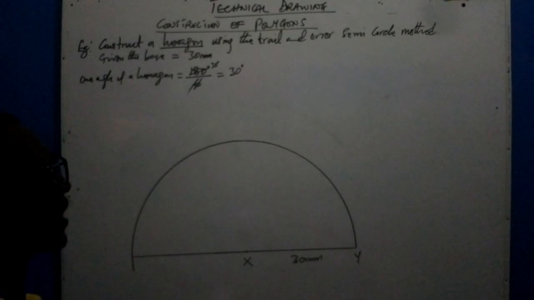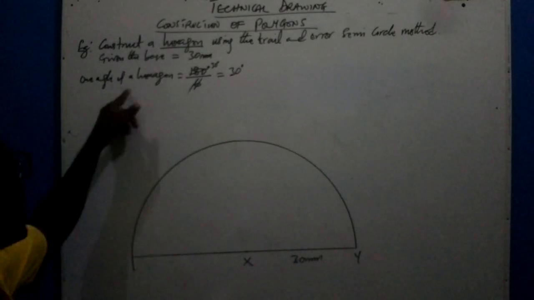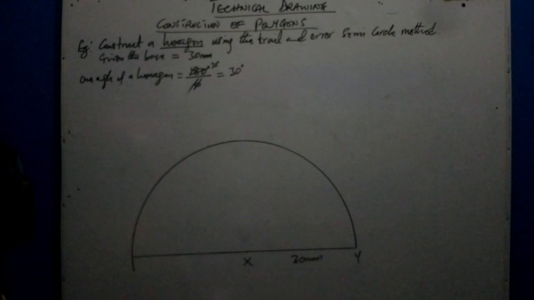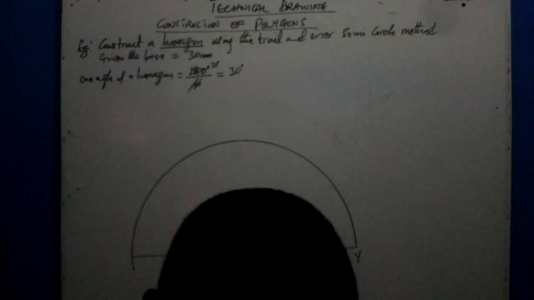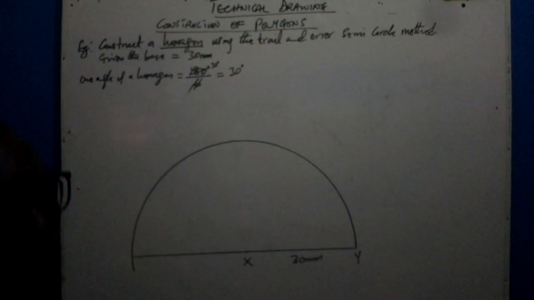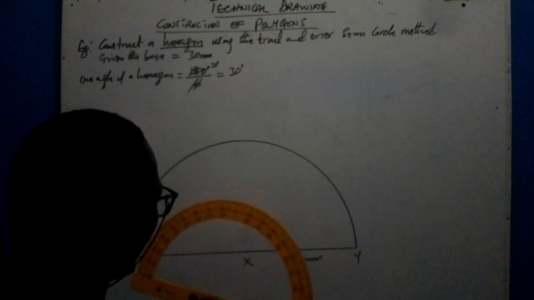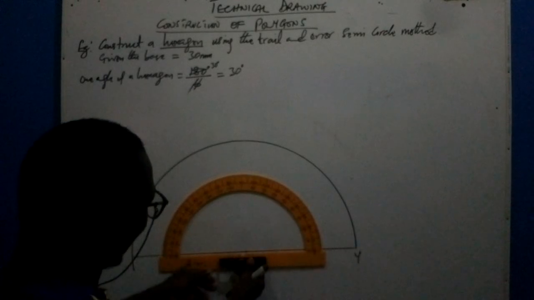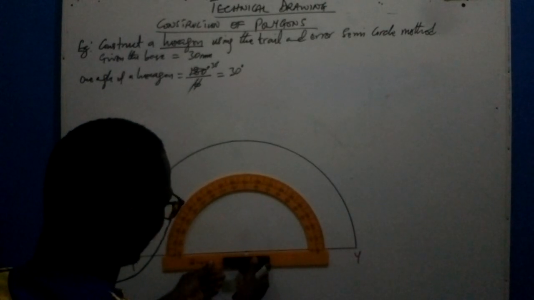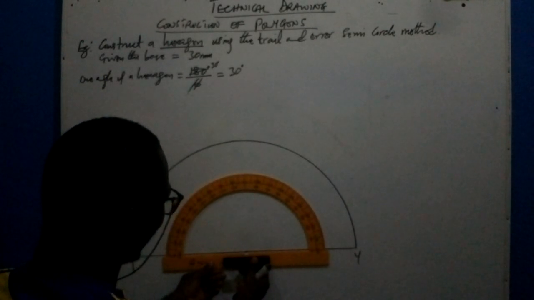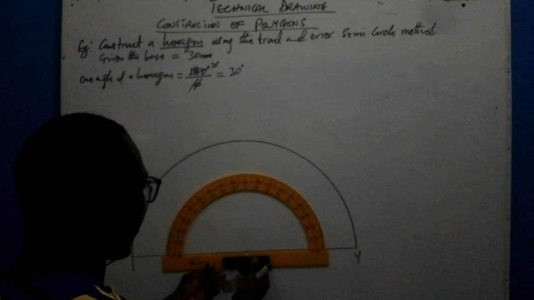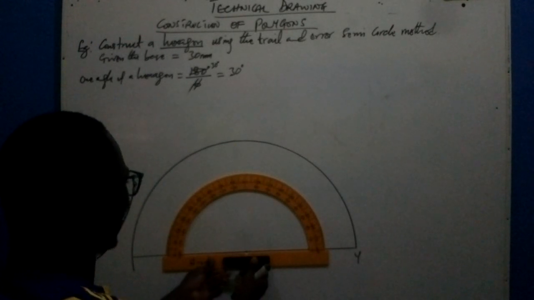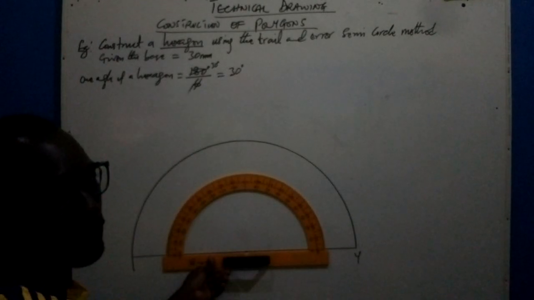Means that one angle, the interior angle of the hexagon, will give us 30 degrees. Then you pick your protractor and place it on the baseline, in between the baseline that you drew and the extension of the baseline. Then you measure one side of your angle.